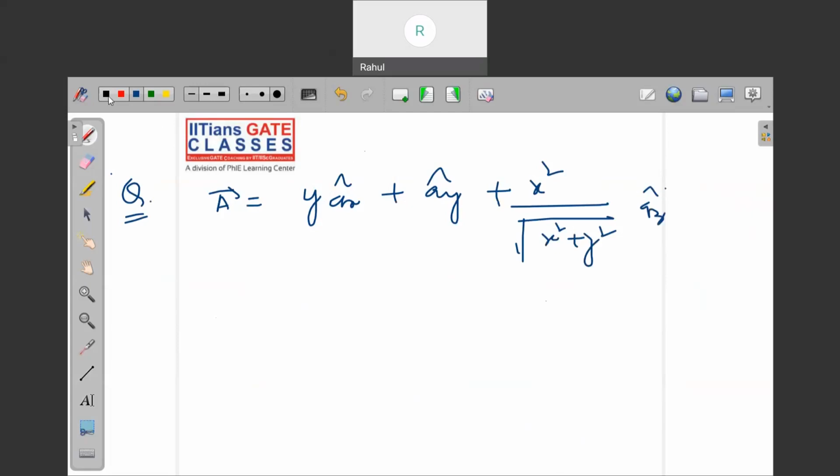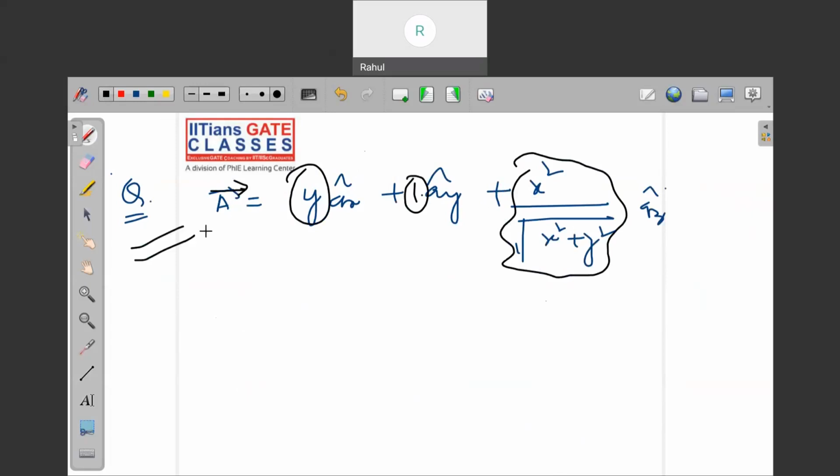Suppose the A vector is given like this, and you have to convert it into A rho, A phi, Az, right? So this is the Ax component, and one is the component here, and this is the z component. So again you have to plug in, using that matrix. I think you can do this problem, so this is going to be your homework.